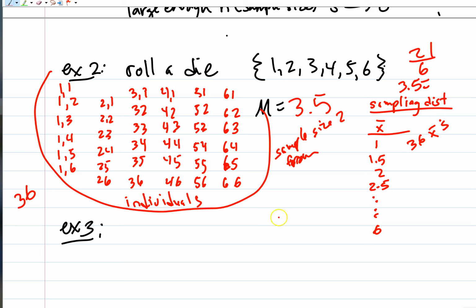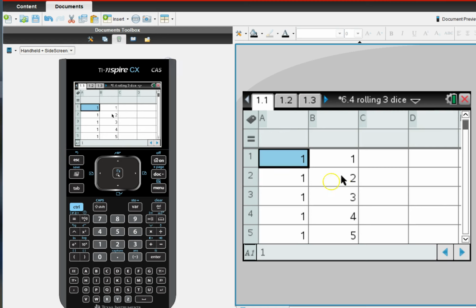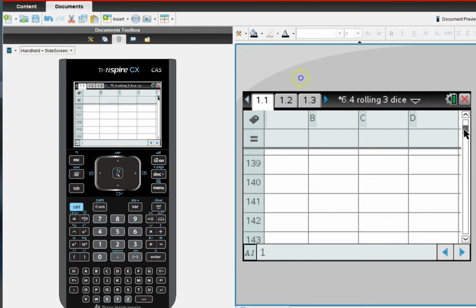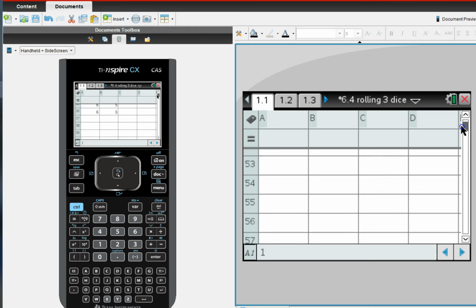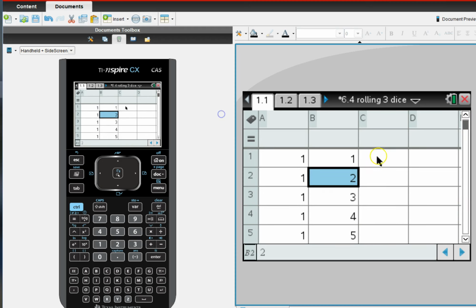That would be the sampling distribution. Okay? Good news is I've taken the time. You can pause this if you want and do this as well. But I've taken the time to type this all in. 1, 1, 1, 2, 1, 3, 1, 4, 1, 5. If I scroll all the way down, there are 36 options ending with 6 and 6. Okay? So like I said, if you want to pause and type all those in, you can. But to get the sampling distribution, remember, is this a sampling distribution?